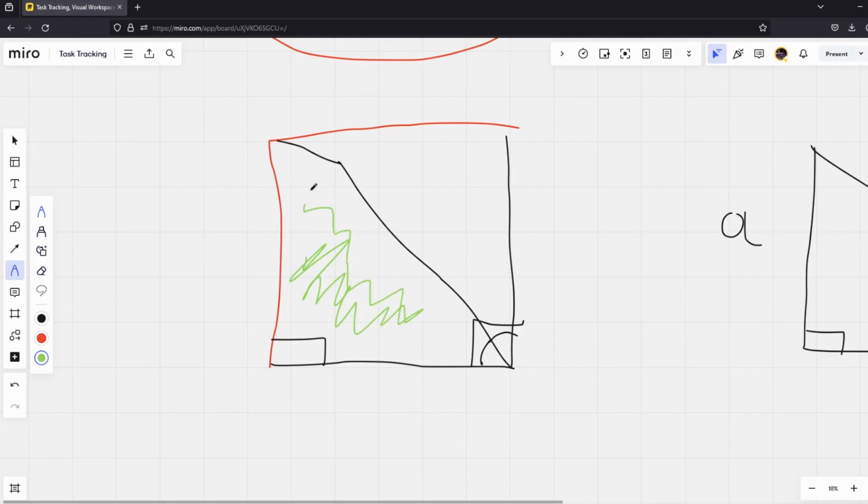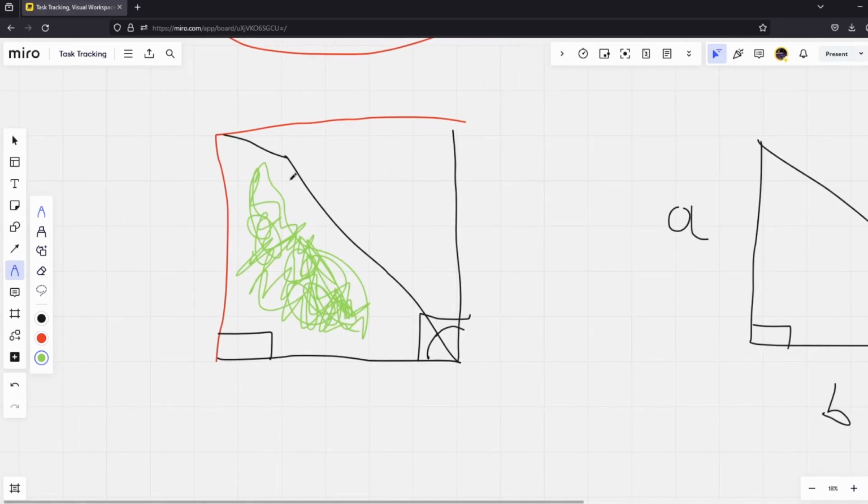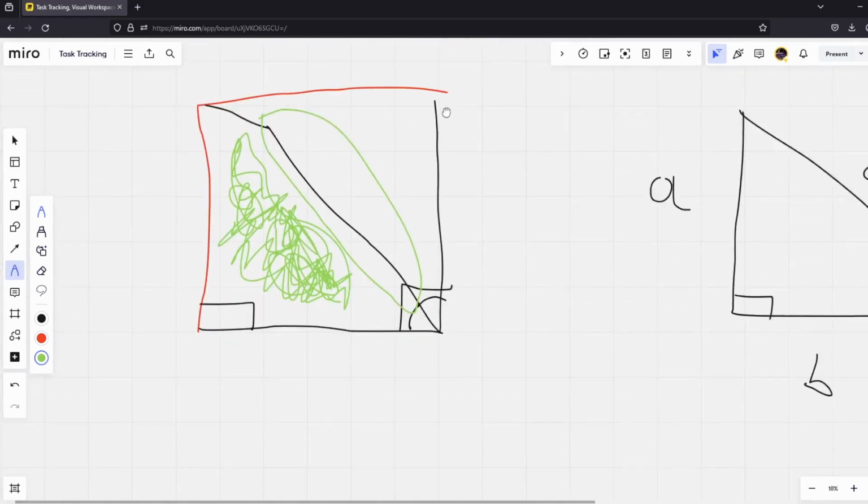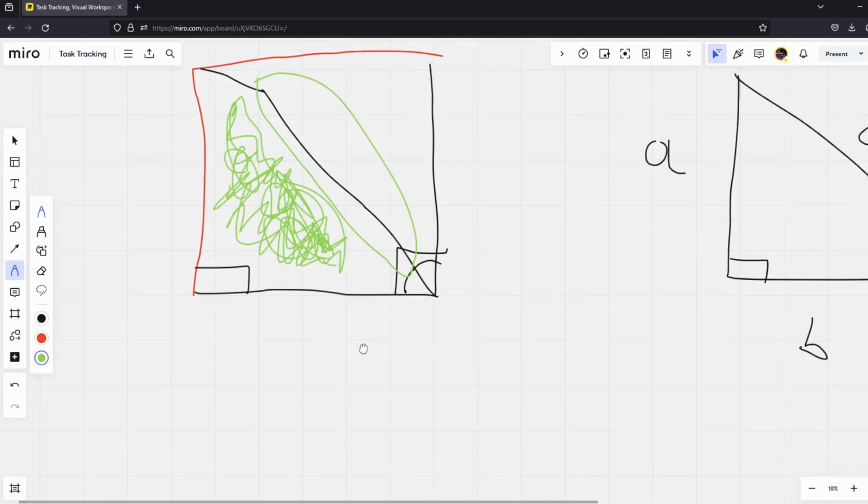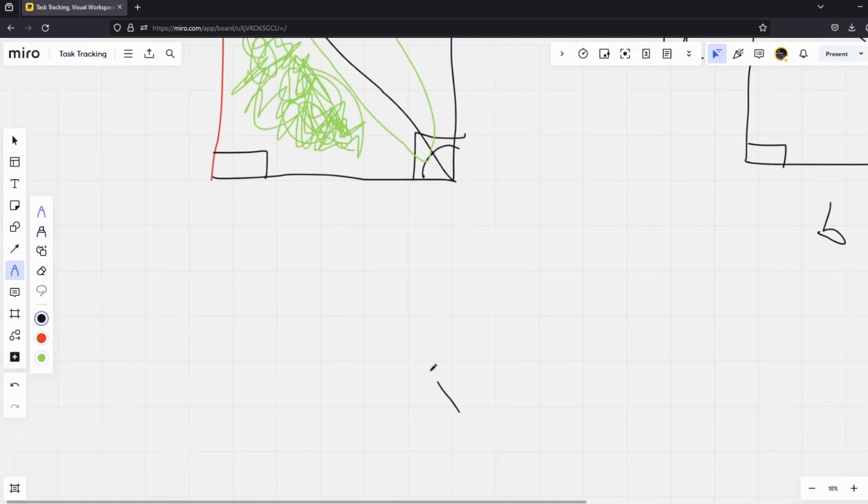This is our right angle triangle, and this is going to be the length to get the circle center, like this.